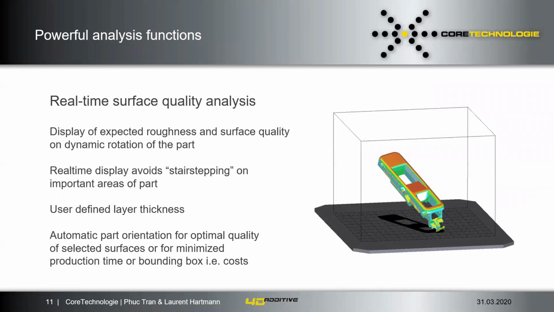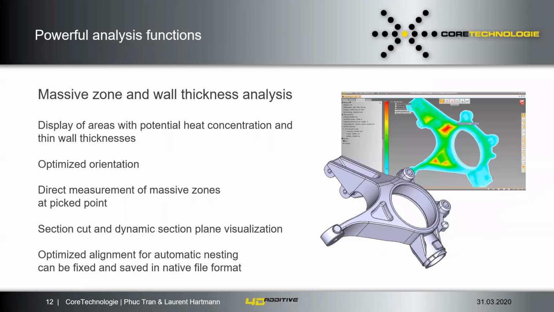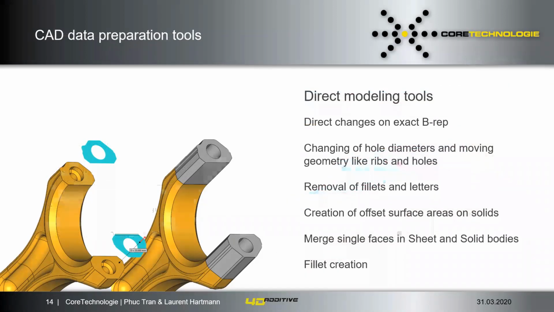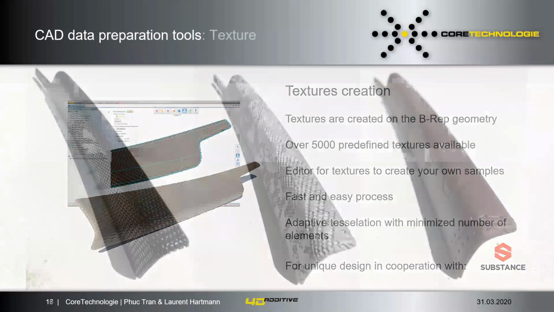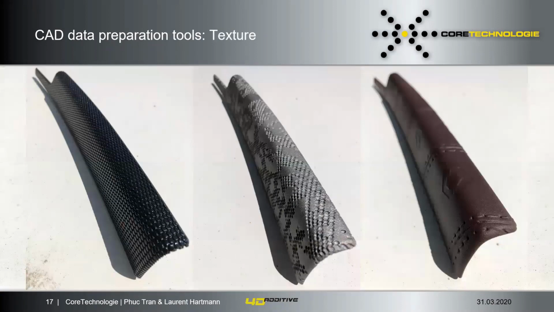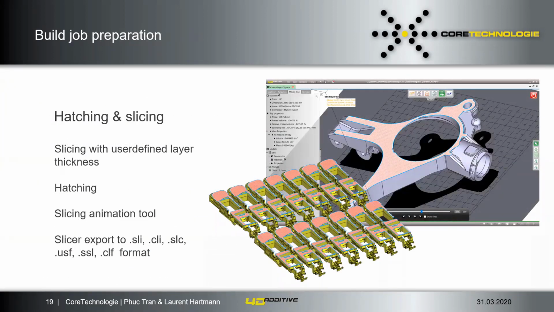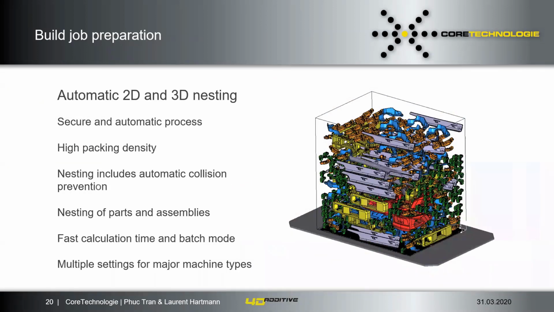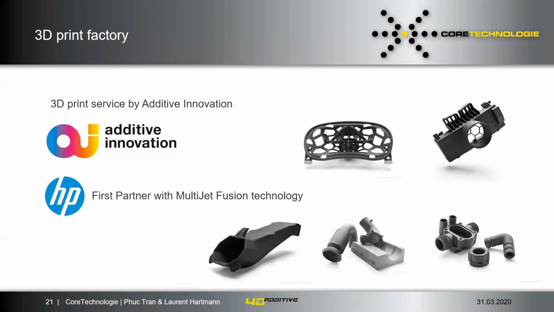These are summaries of all the functions we have heard about in this software: massive zones, quality, cutting of large models, direct modeling tools, hollowing, texturing, and some examples of textures, support generation, hatching and slicing, and automatic nesting tools for 2D and 3D.